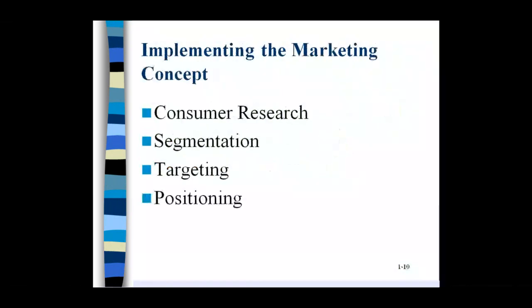Now, how to implement the marketing concept? There are four methods or steps to implement it. First is extensive consumer research, because as I said earlier in my class, the company has to identify the needs and wants of the target market.